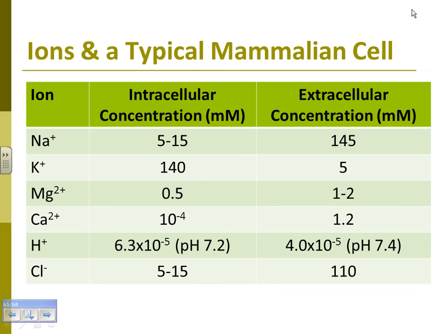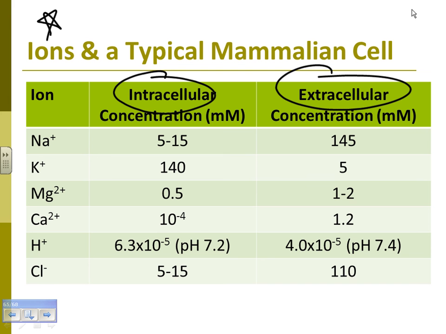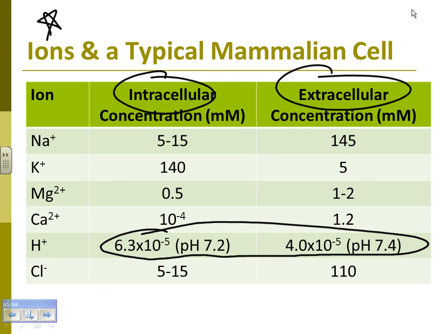This is a tough one. I would know this pretty well. So we got in cells, out of cells. The most important thing you can probably do is know the second highest and lowest for both of them. So the lowest, if it's ever an option, is going to be your proton. It's such a small amount. Your second lowest for in the cells is calcium.